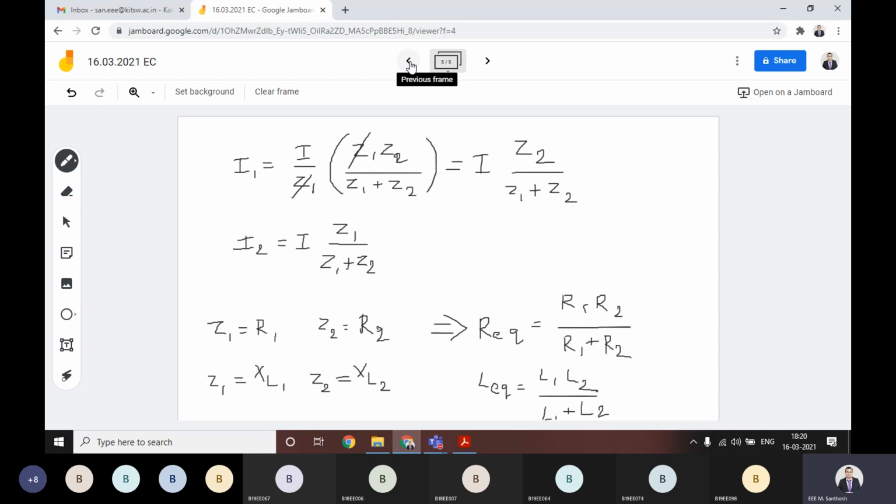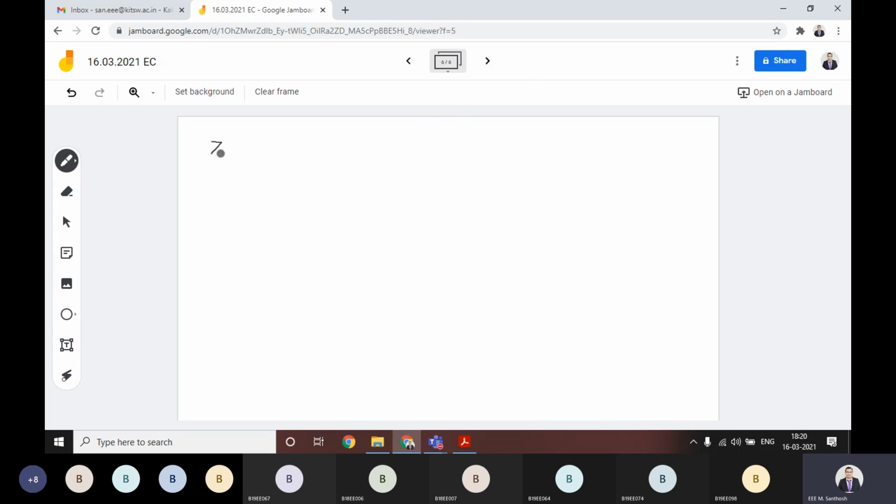Everyone? Right? Then can anyone tell me the value if it is equal to XC1, for Z1 in the parallel case? C1 plus C2, very good. This is what I want to mention.